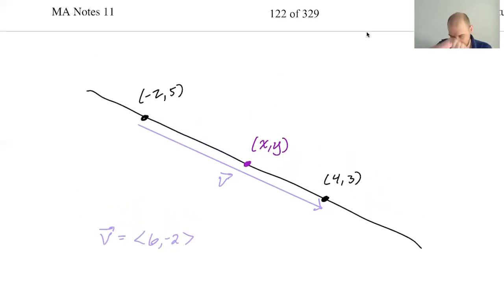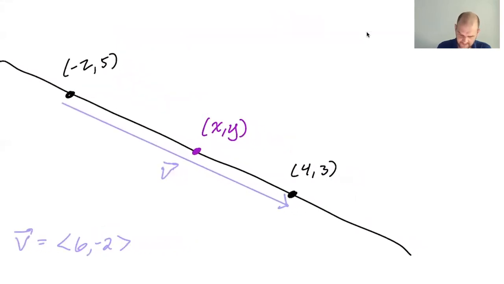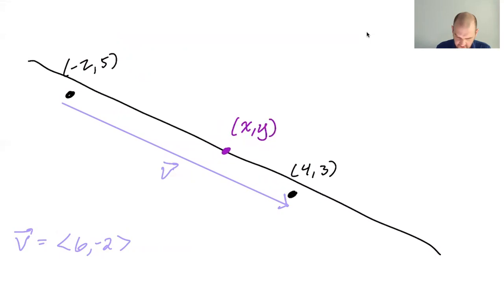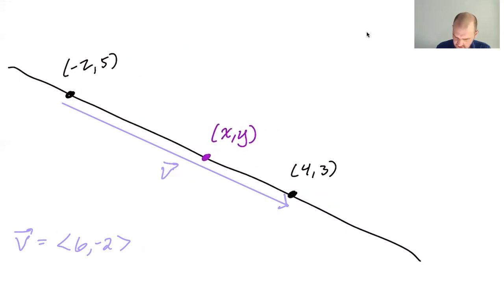So this is v, and the other vector that I make is going to be a little weird. I'm going to pick up this point and move it so that it's a little clearer. Oh no, why are you moving the whole thing?